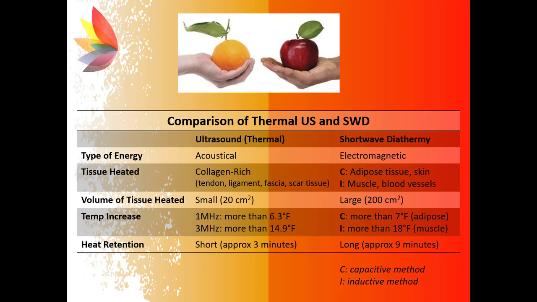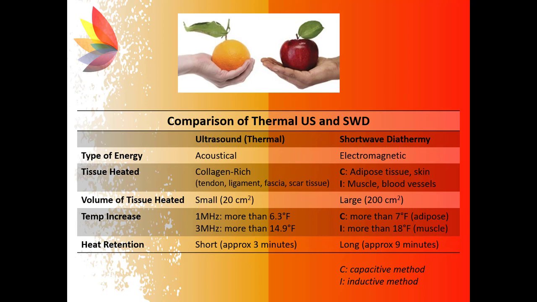With shortwave diathermy in the capacitive method, greater than 7 degrees Fahrenheit temperature increases are available, which are targeted to treat fat. And with the inductive method, more than 18 degrees Fahrenheit temperature increase are available, which can help treat muscles.